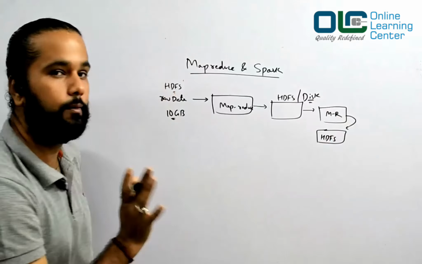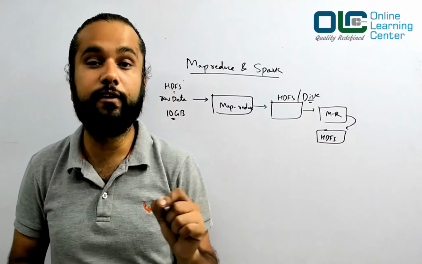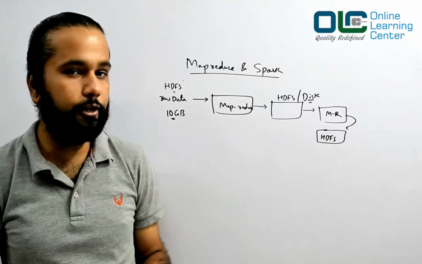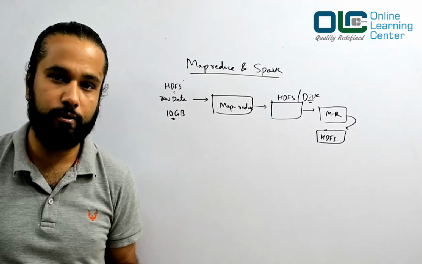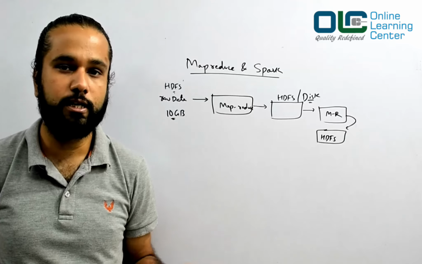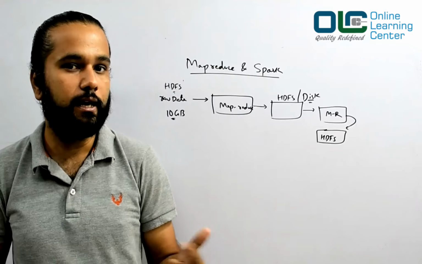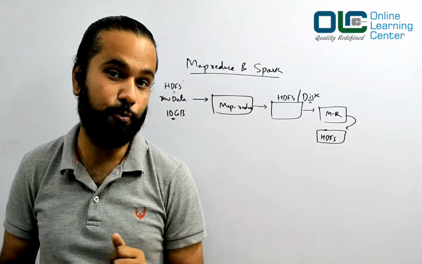It's not a part of your memory, and that is where MapReduce used to be very slow. Every time you run your MapReduce program, the data has to be loaded from HDFS to memory, processed, and then the output thrown back to the disk, and the story continues. This made MapReduce really slow.